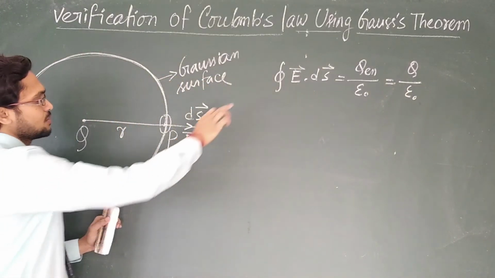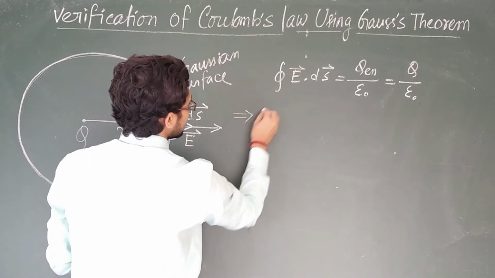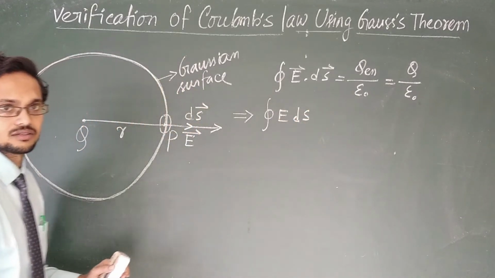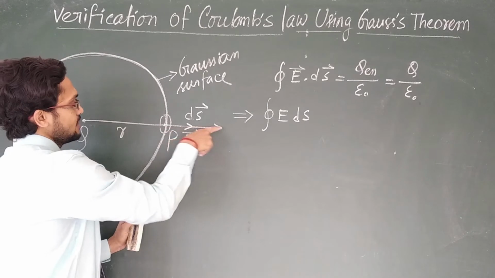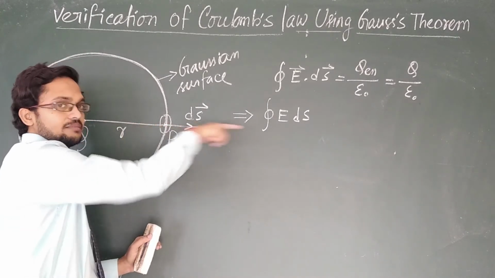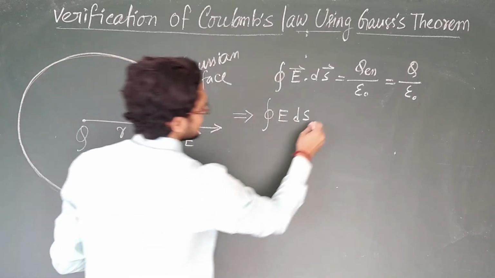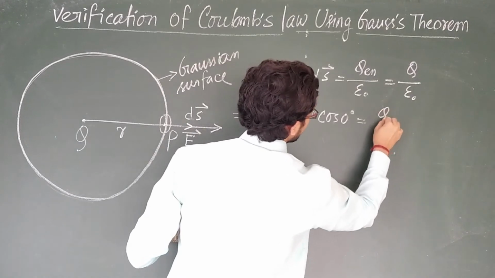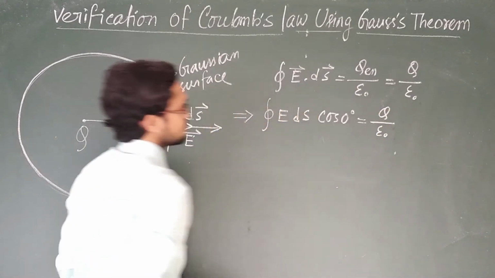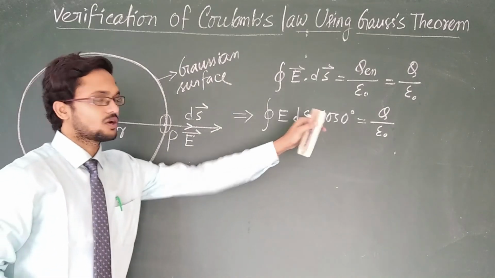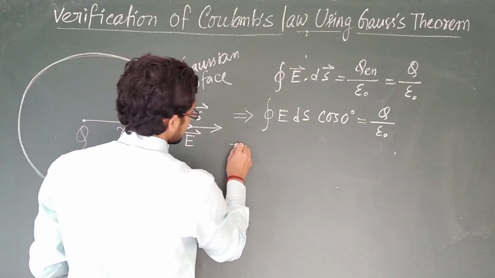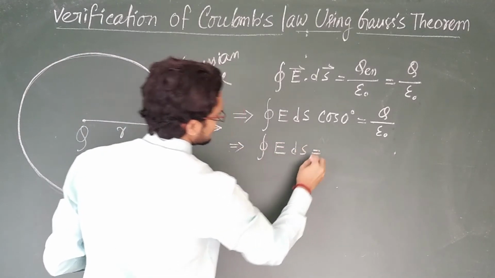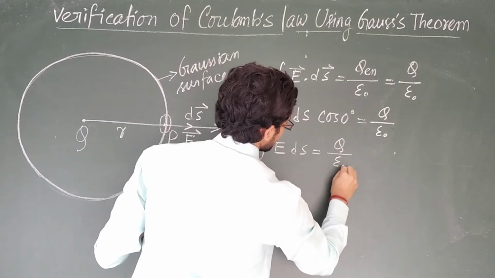Now E dot ds, dot product, means closed integral E ds cos theta. The angle between E and ds is 0 degree since they act in the same direction. Cos 0 degree is 1. So closed integral E ds equals q by epsilon 0.